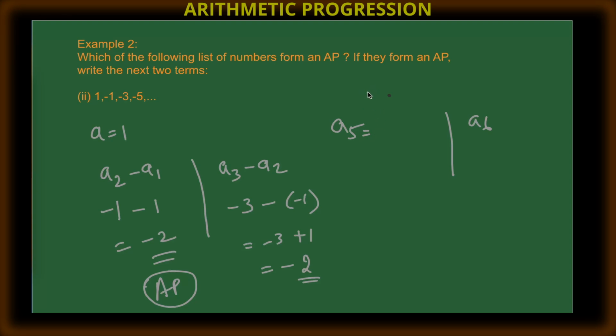We need to find A plus 4D. What is A here? A is 1 plus 4 into D. D is minus 2. Okay, 1 minus 4, which is equal to minus 3.